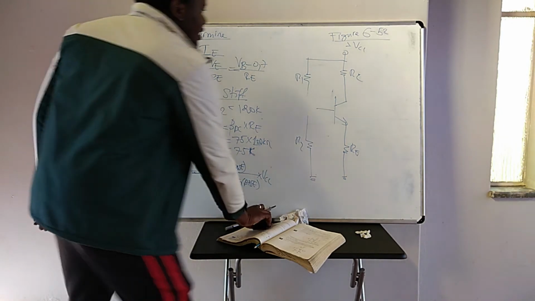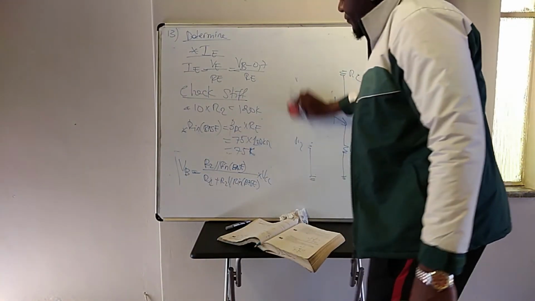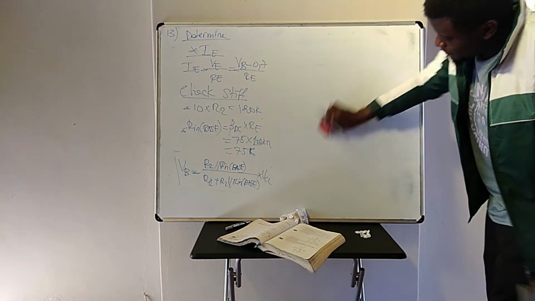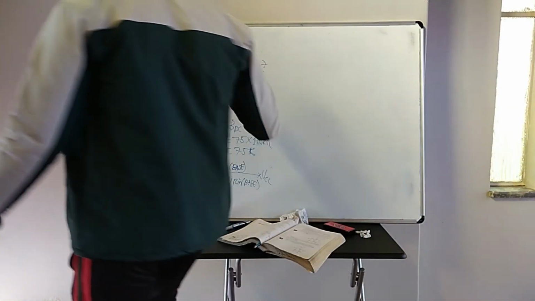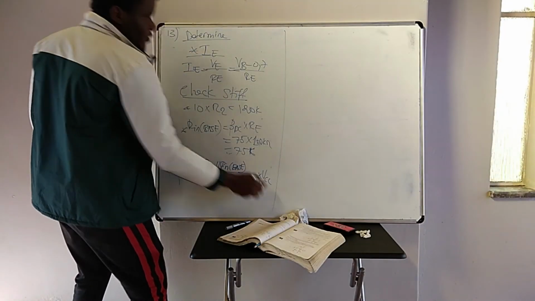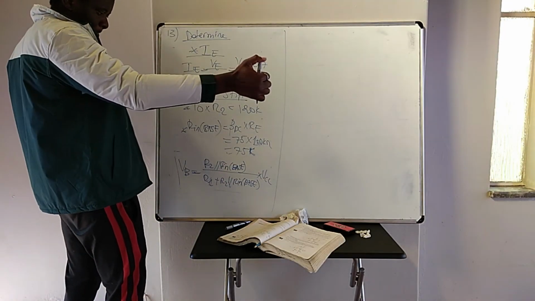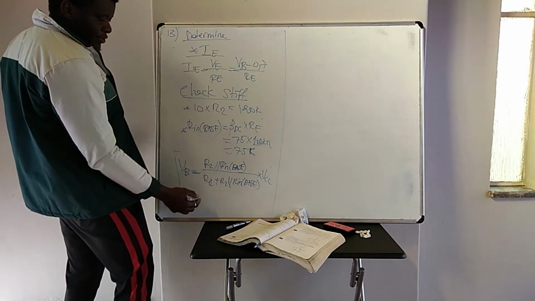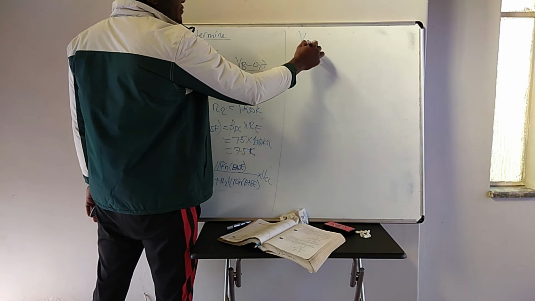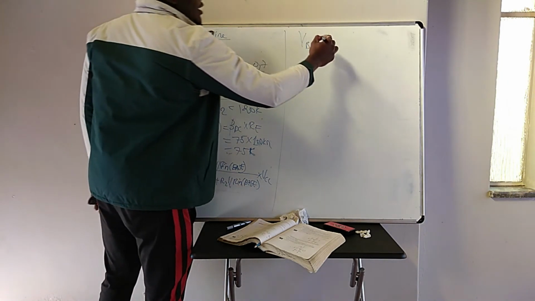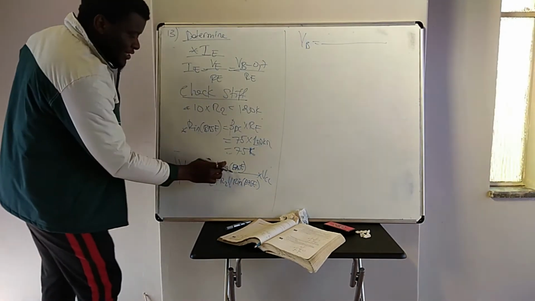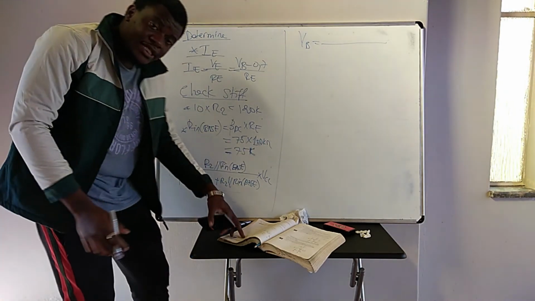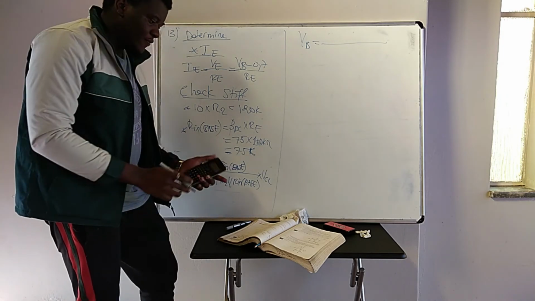So now let's calculate VB. R in base is here, and R2 is inside the formula, so you just calculate the parallel of these.